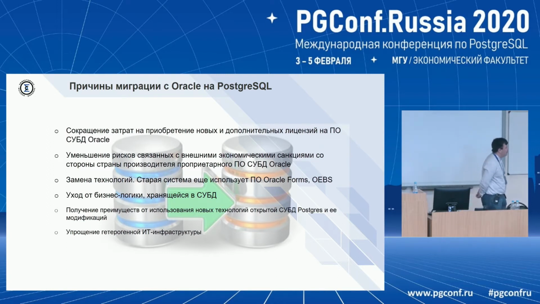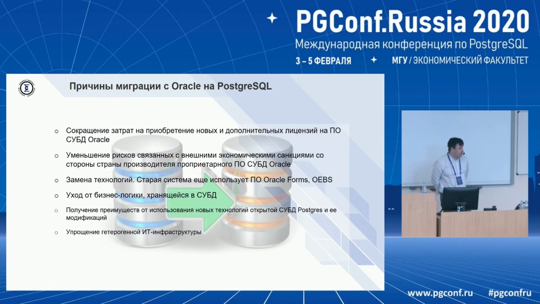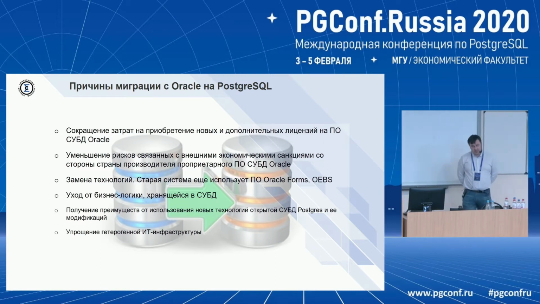And coming back to Oracle Forms and OEBS, the situation that we have is some thick client or a backend that somehow has become a client of Oracle Forms and OEBS, and the database management system has all the business logic in it. And that's why the consumer faces a lot of problems with performance.